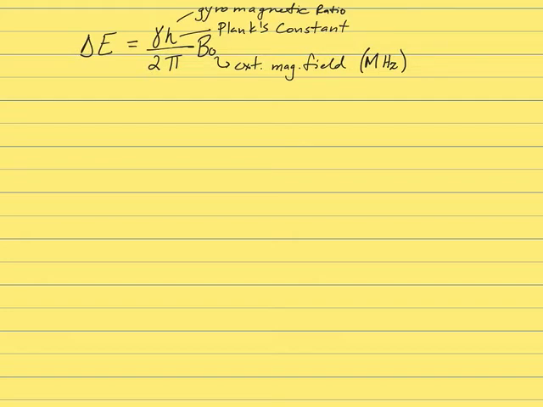The energy of the alpha level will be equal to negative gamma h over 4 pi times B naught, and the energy of the beta level will be equal to positive gamma h over 4 pi times B naught. So you can see that the alpha state goes down in energy with the negative sign, and the beta state goes up in energy with the positive sign.